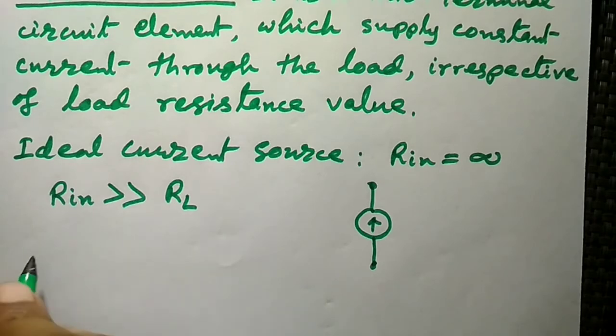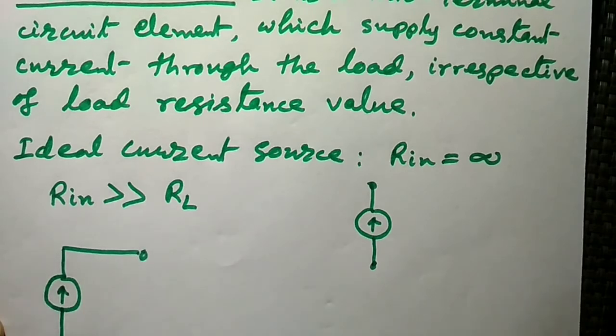For an ideal current source, the circuit element can be shown as this. This is the current source and the load resistance is connected here.